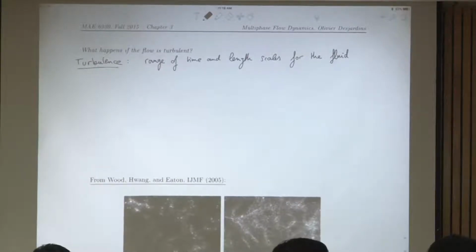So the question becomes, what is the appropriate time scale to use in a flow like this?